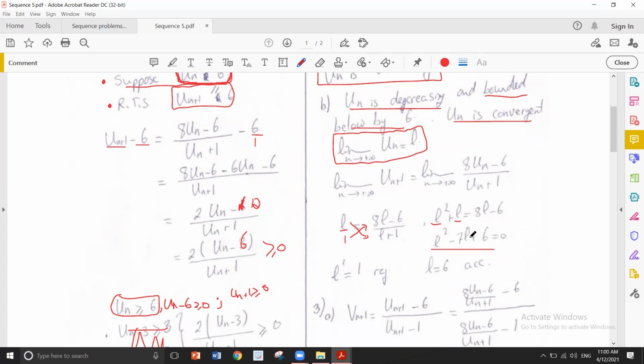By using the calculator, L equals 1 which is rejected, or L equals 6 which is accepted. Why is L equal 1 rejected? Because it says un is greater than or equal to 6. So 1 is rejected and L equal 6 is accepted.